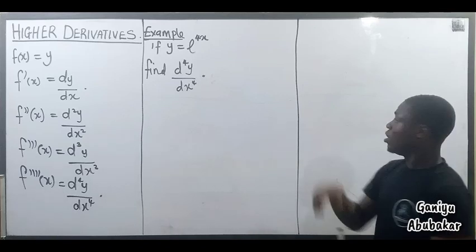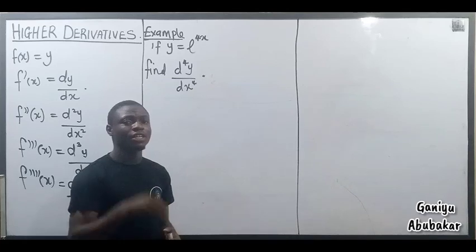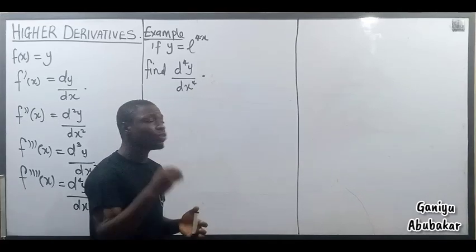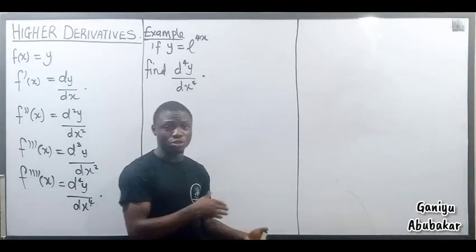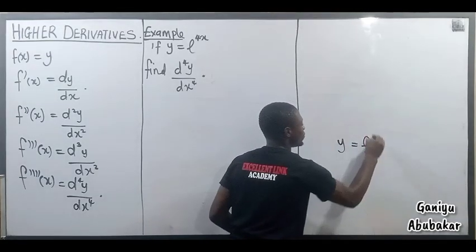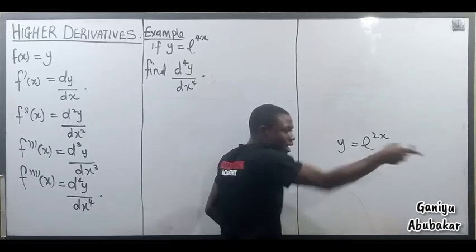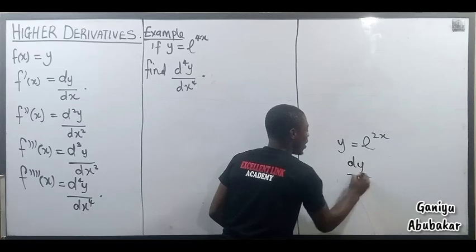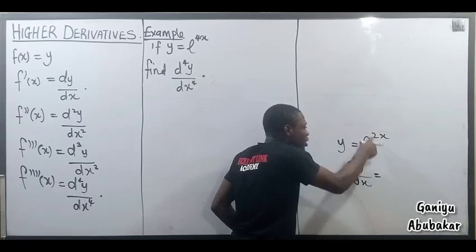Our task is to recall the shortcut to solve problems under exponential functions. Let me just recap. For exponential functions, I will drop the link in the description of this video, so check the description. You'll see a video there that will take you to our exponential class shortcut. So let's say I have y equal to exponential 2x. For the shortcut, dy over dx is equal to: the first task is to differentiate the power.